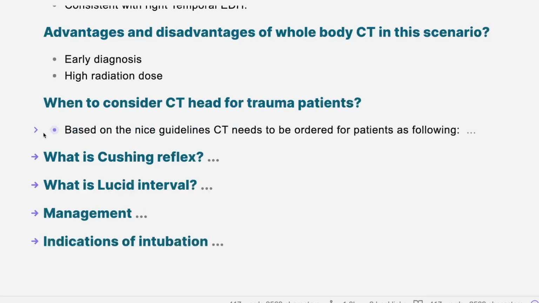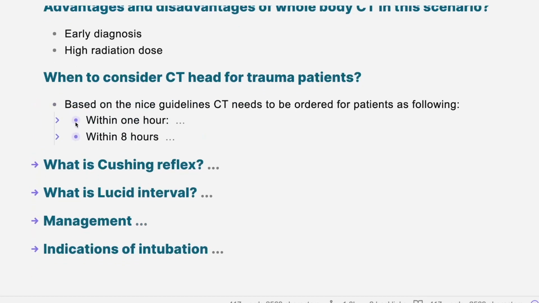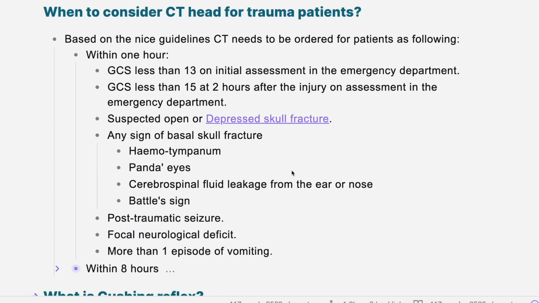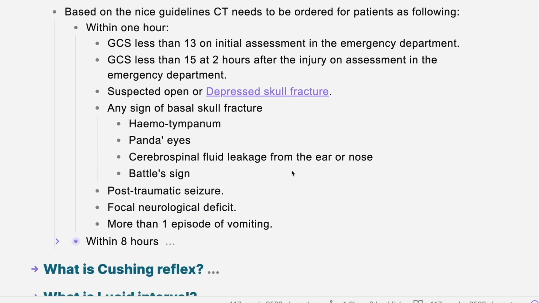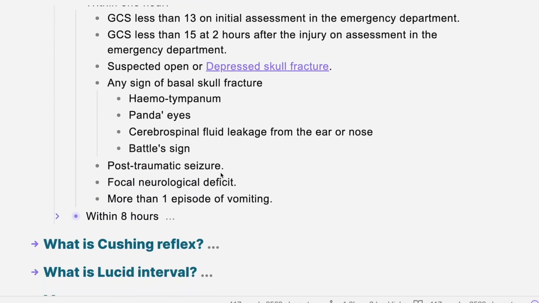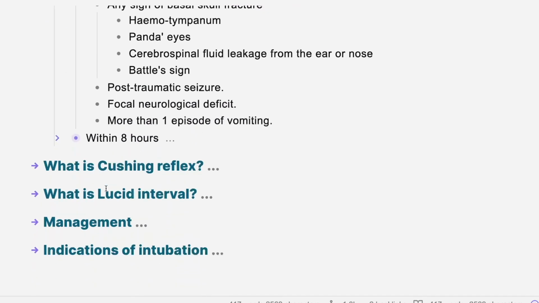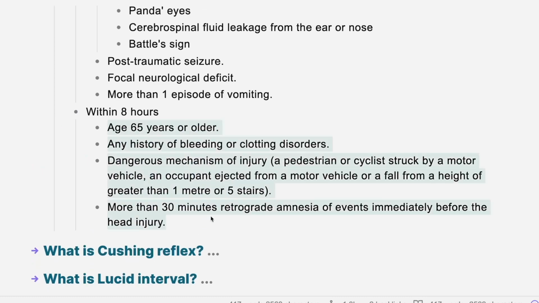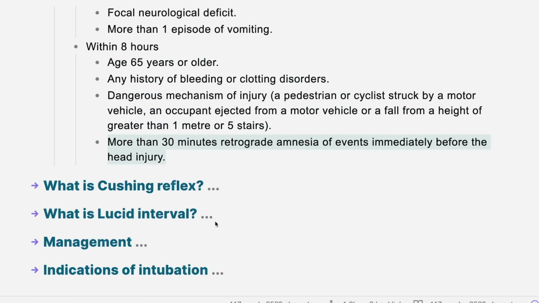So based on that, within 1 hour: GCS less than 13 or 15, suspected open or depressed skull fracture, or signs of base of skull fracture, post-traumatic seizure, focal neurological deficit, more than one episode of vomiting. On the other side, it will be this as well, like we mentioned, but I did not mention more than 30 minutes of retrograde amnesia.